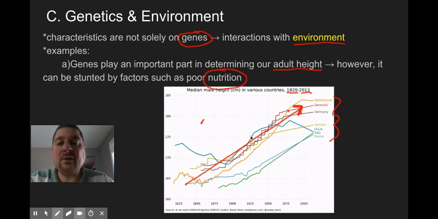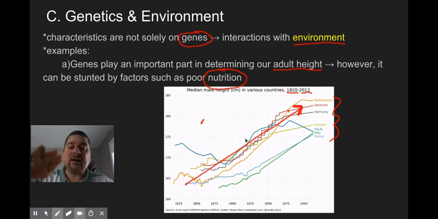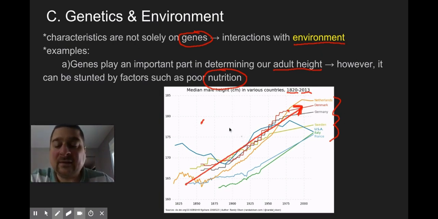And if you look back over history, you can actually see that human height has gone up and down. I did some reading where they think, well, Napoleon, you hear about Napoleon Bonaparte being so short. They actually think he actually wasn't overly short compared to everybody else during that time period.